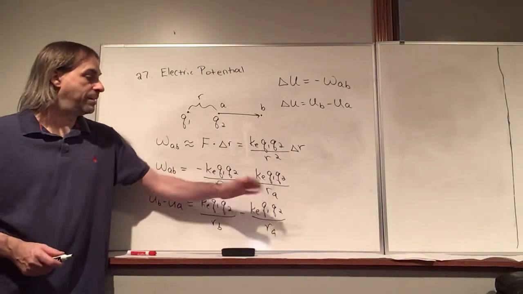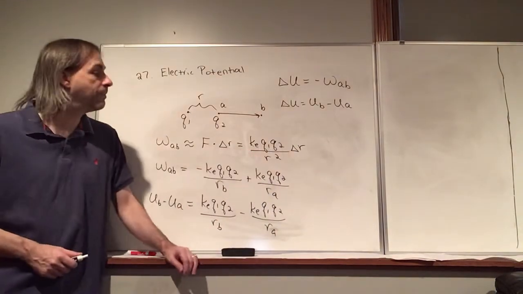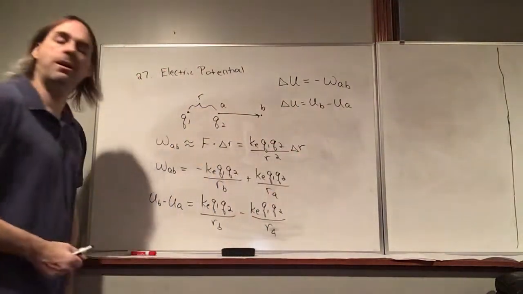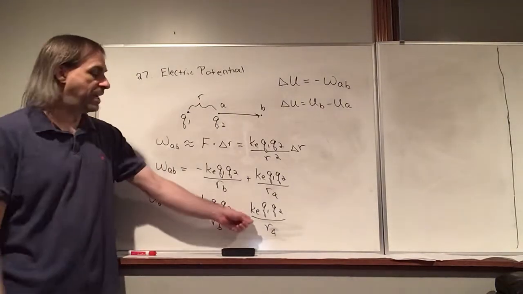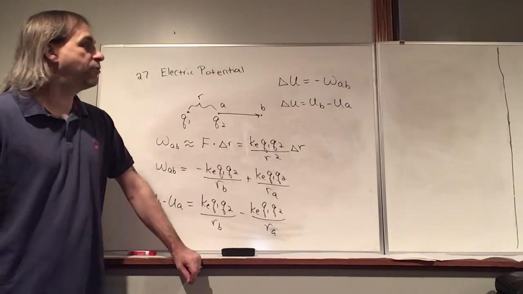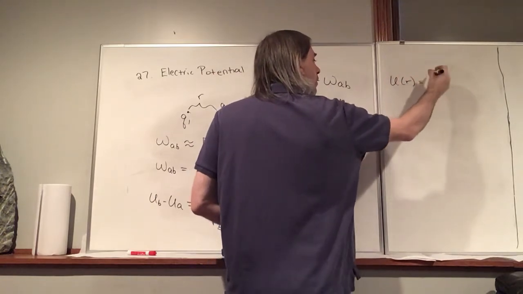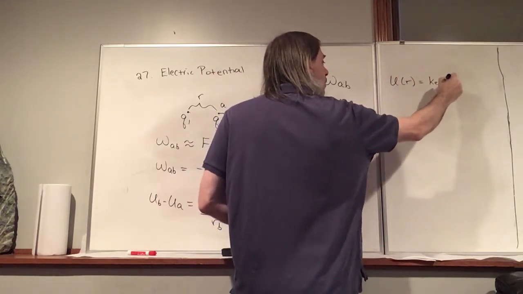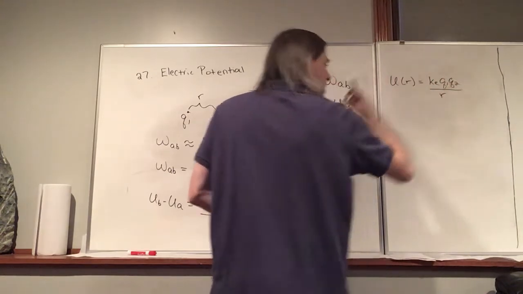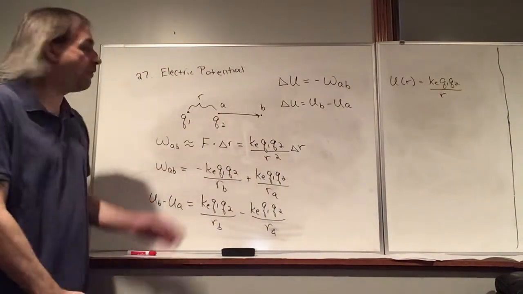So it just depends on r squared, so they'll get very small fairly quickly. But for practical purposes, once these charges become separated by enough distance, we can essentially say that one of these terms would just be 0. So what we do is we define a potential energy function where we say the potential energy, if r was infinitely far away.